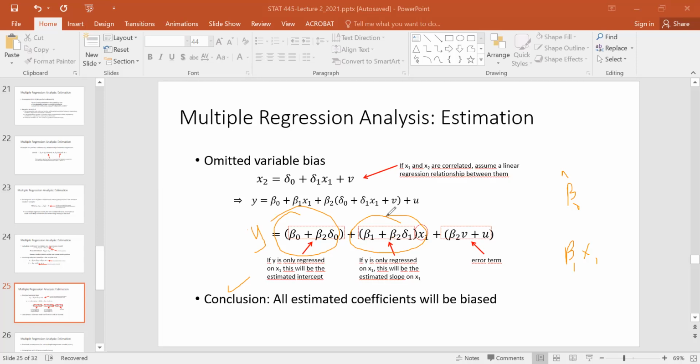So it shows bias. That's the consequence. All estimated coefficients will be biased if you were to omit a relevant variable. The linear form is assumed to make the mathematics easier, but it shows our conclusion. When you omit a relevant variable, the regression coefficients are biased.